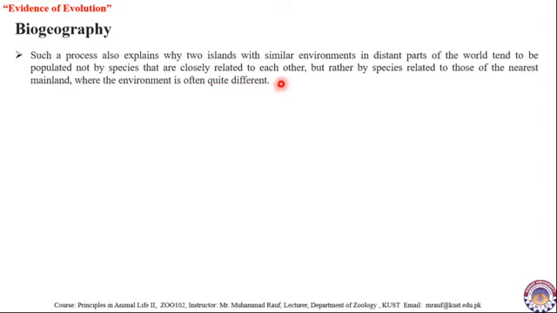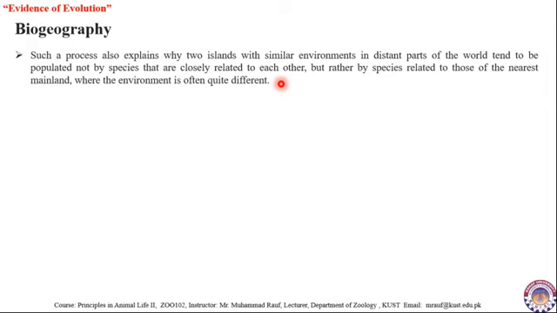So it also explains that at times two areas which are wide apart from each other, although they have similar conditions, similar environments, have different species. So what is the reason for that?